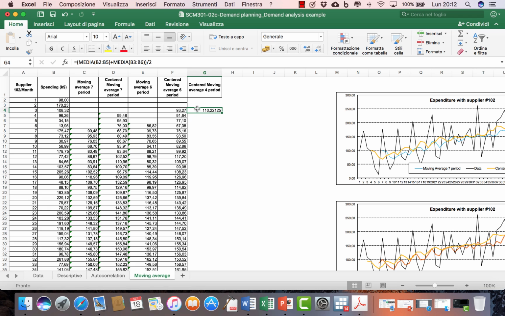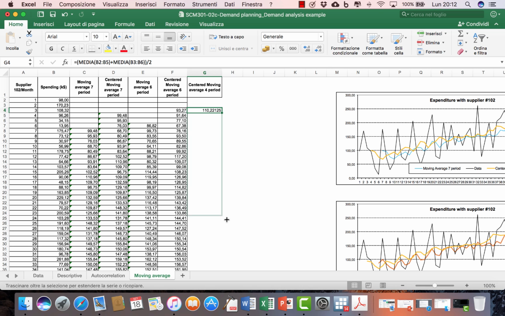If I position on 3, I get a proxy of the really centered moving average, because in reality you see it here at 3, but it should be between 2 and 3, so at 2.5, which is the center of a moving average of 4 periods.